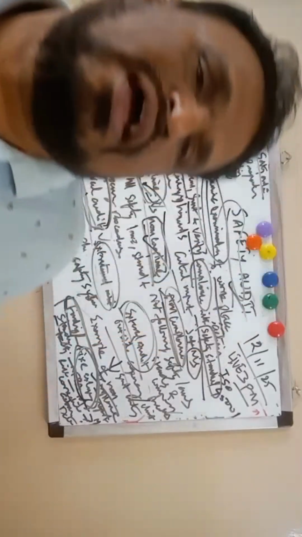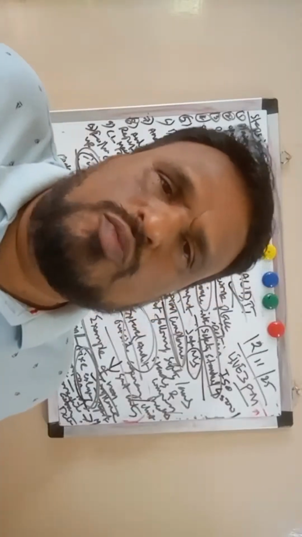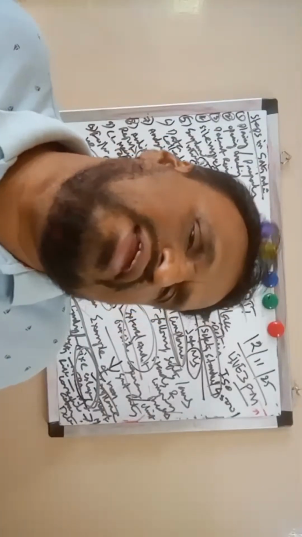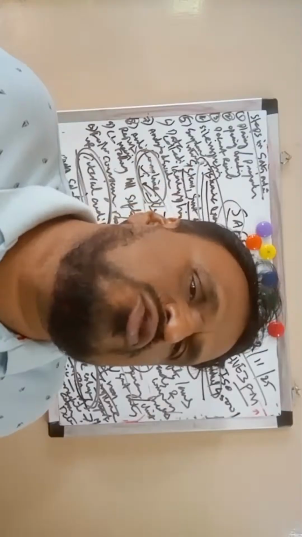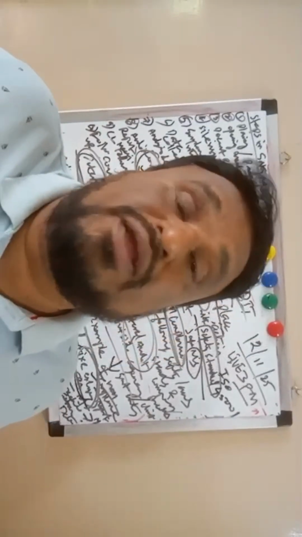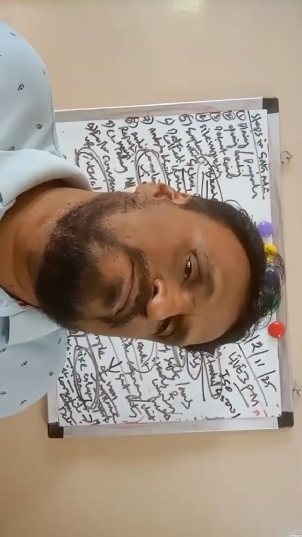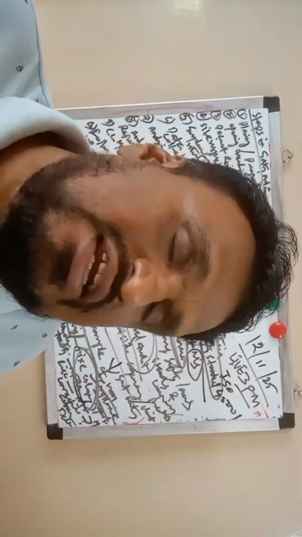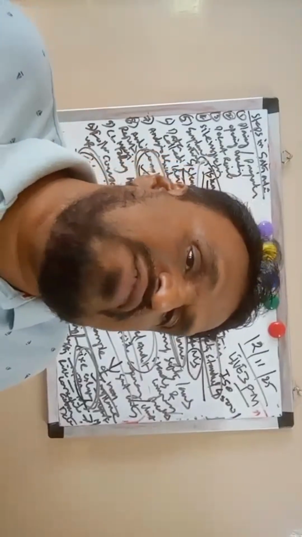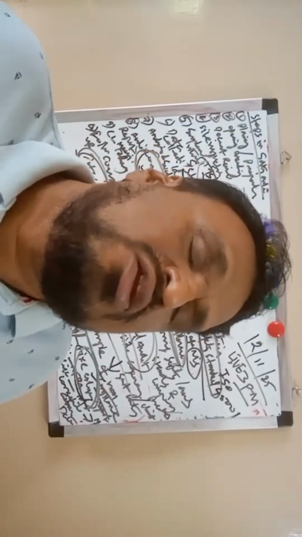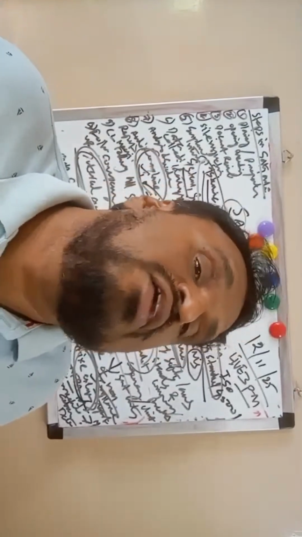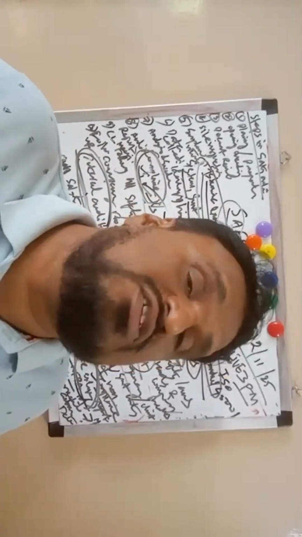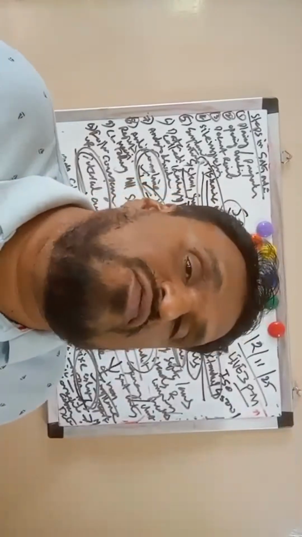To whom, and what will the corrective action be? The fire extinguishers need to be regularly maintained, and the tag should be inspected and filled after inspection of the fire extinguishers. So the corrective action: fire extinguishers need to be maintained. To whom is this corrective action request given? It is given to the HSE officer or safety officer.